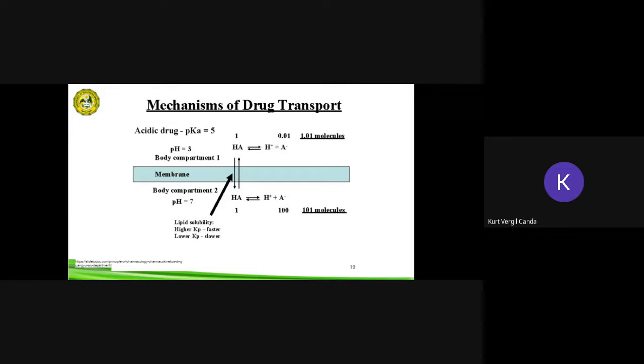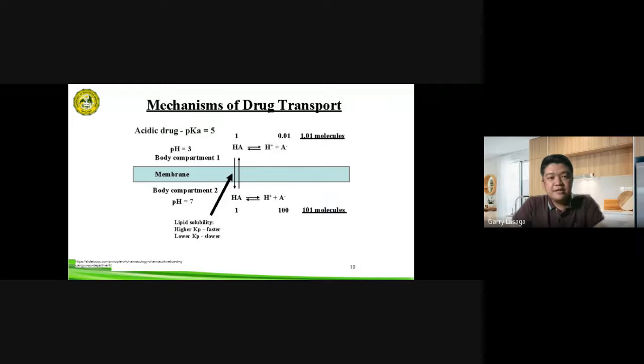None, sir. Okay. So the key points there: if the drug is ionized, it will not be absorbed. Only the unionized or uncharged form of the drug will be absorbed. And we also have to know what pKa is.